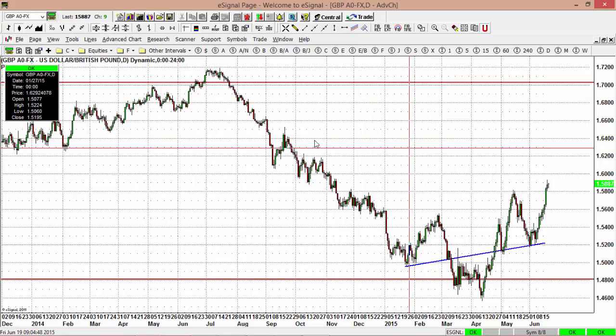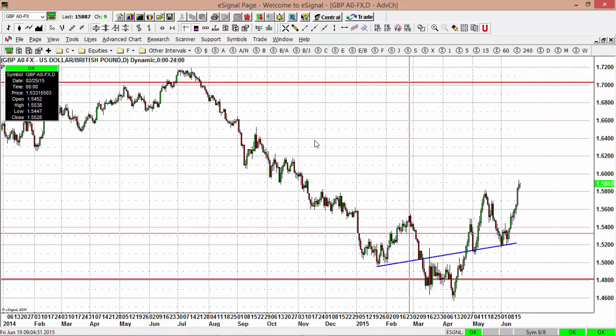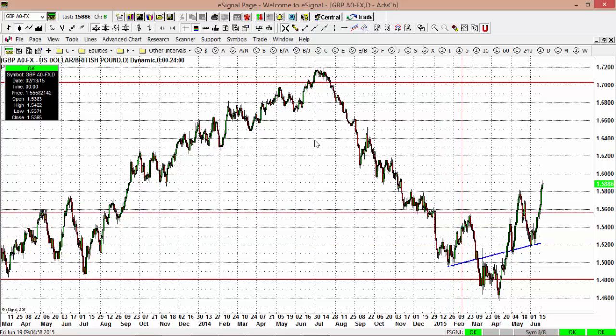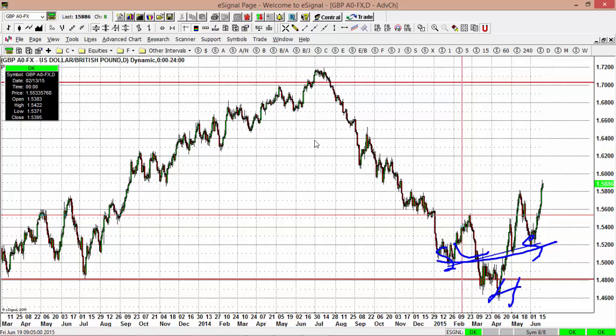Okay, in front of us we have a daily chart of the British pound versus the US dollar. And we have been speaking extensively about the fact that this market is in an inverted head and shoulders pattern here that you can see on the chart, with your neckline at the blue line, the left shoulder, right shoulder, head down at the bottom, the neckline about there.